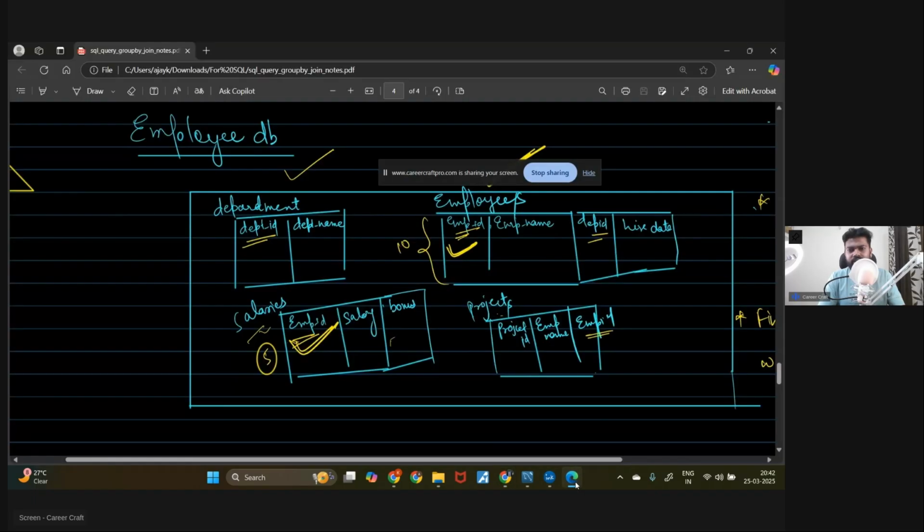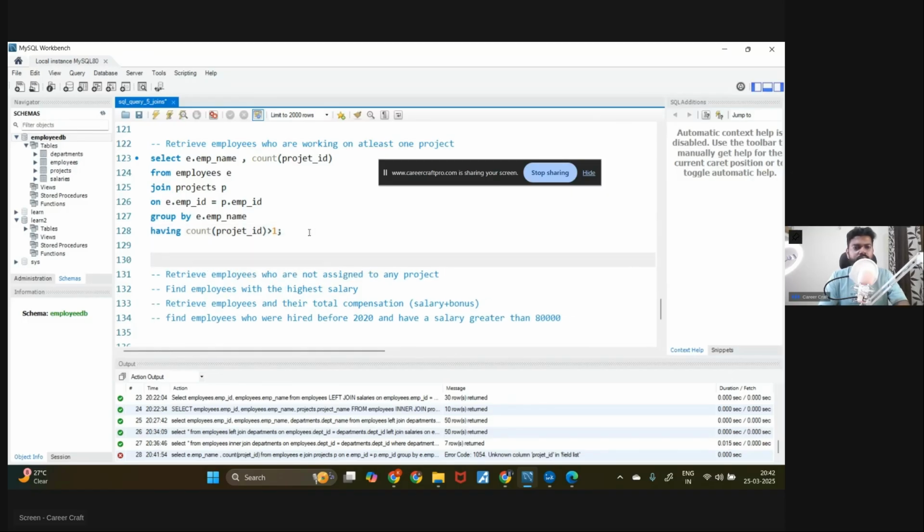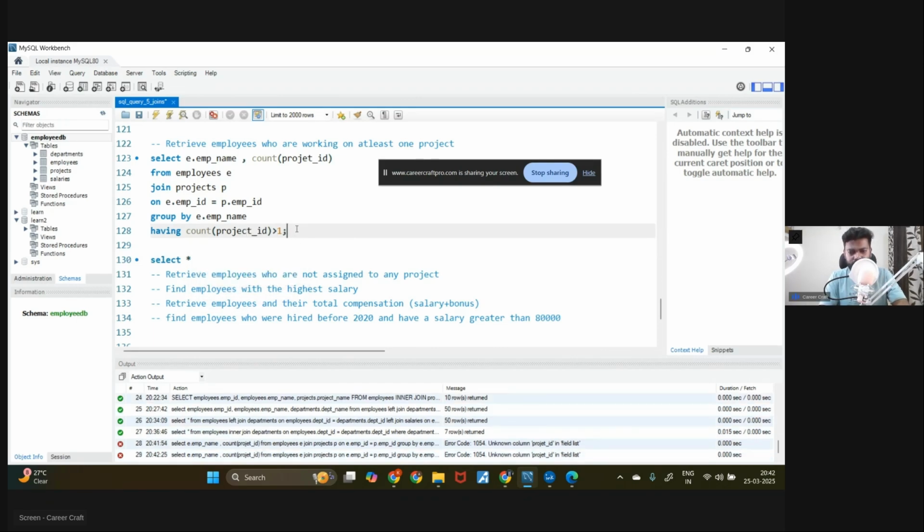Project ID is there, right? Select asterisk from projects. Oh, the project spelling is wrong. Okay, thanks. Still project ID. Where is project ID here? Oh, this project ID.